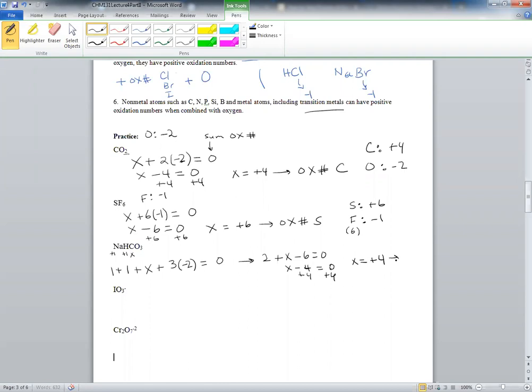So that's the oxidation number on C. So therefore, to summarize, we have C is +4. We said O was a -2. Once again, on each individual atom, H is a +1 and Na is a +1.